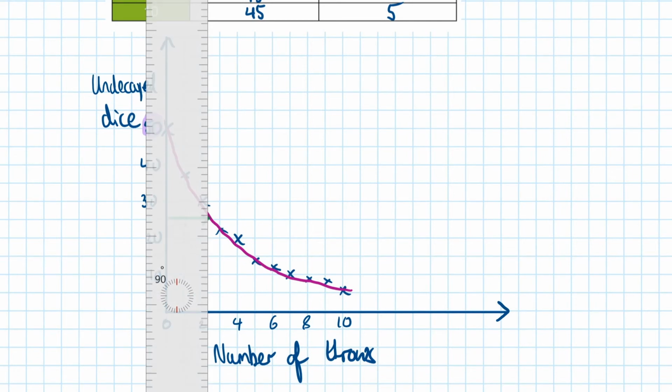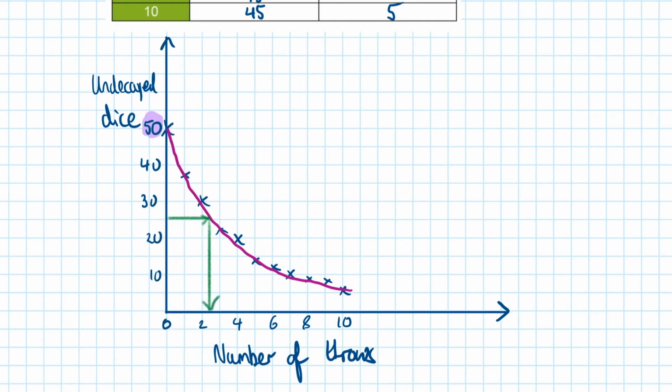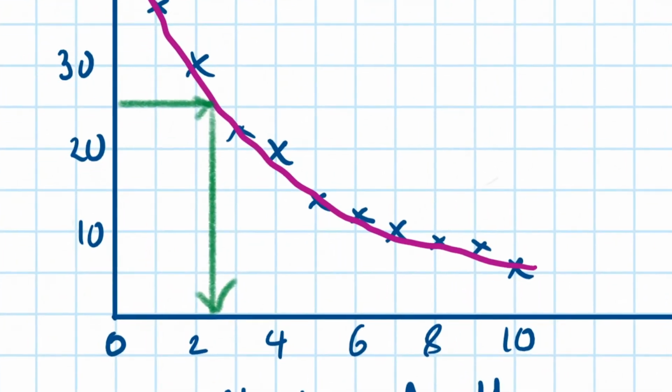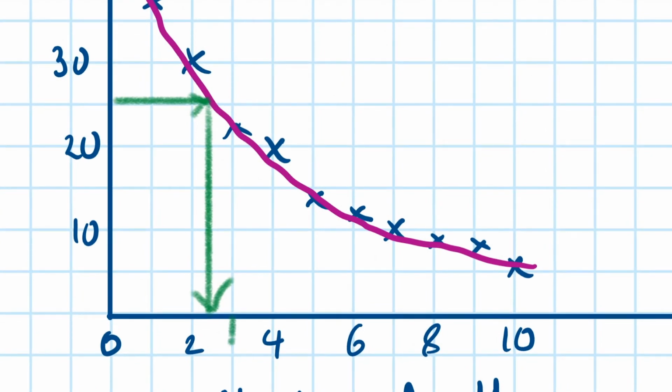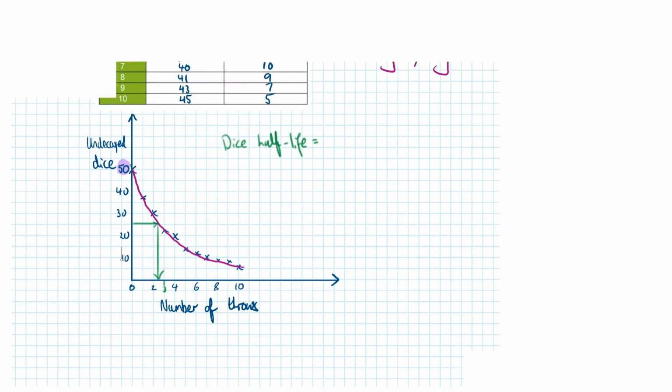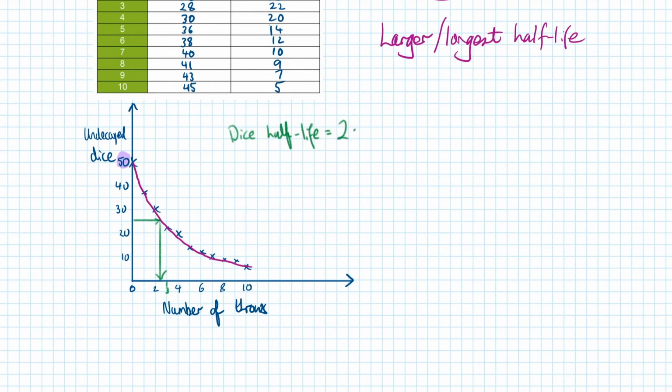And we go down from there. So what you can see is the dice have a half-life of, it's in between, if we look at that, this is 3, so it's in between 2 and 3, 2.5 throws.